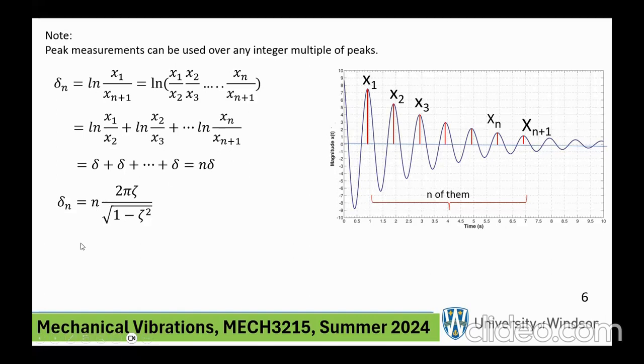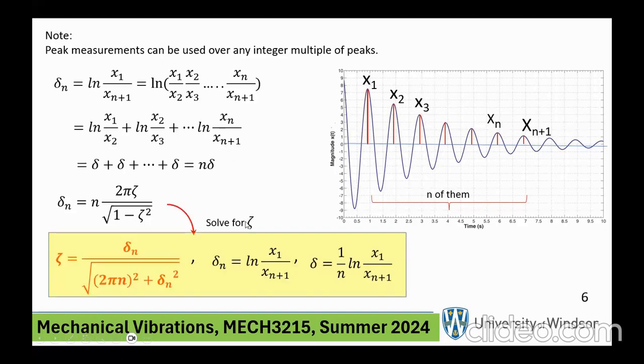And you can solve for zeta out of this, and you get that. So if you took n of these and took the ln of x1 over x(n+1), you plug it in and you get maybe a better estimate for zeta, because you're relying on more data.